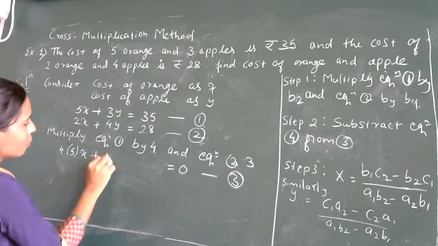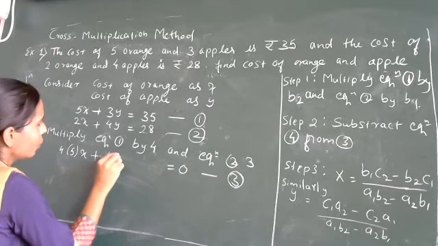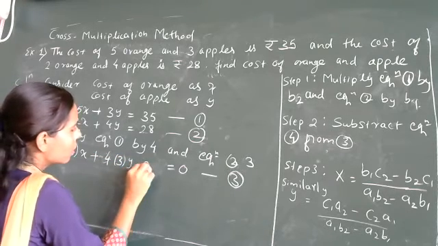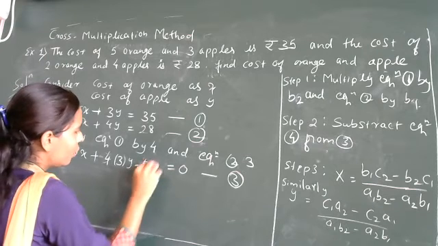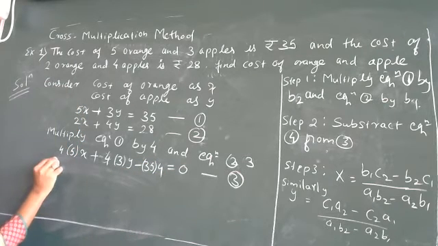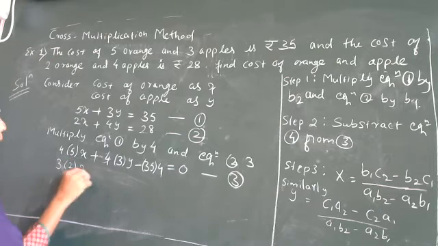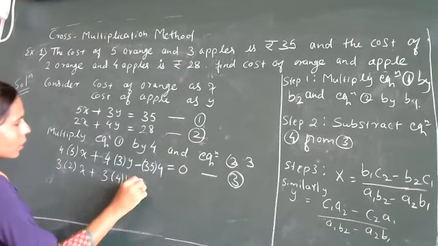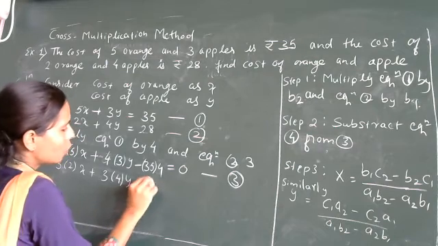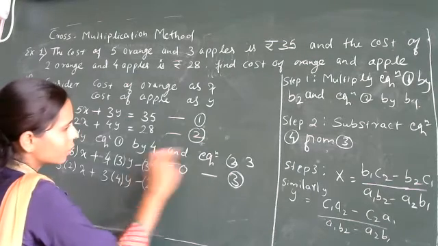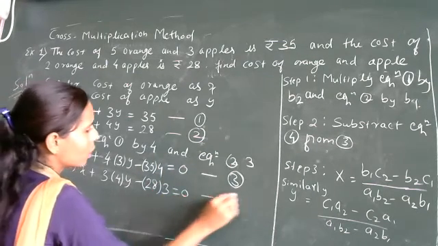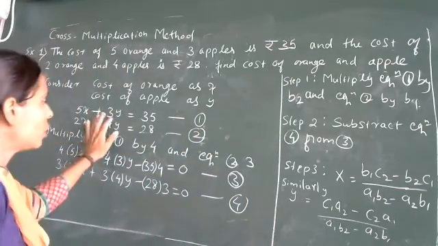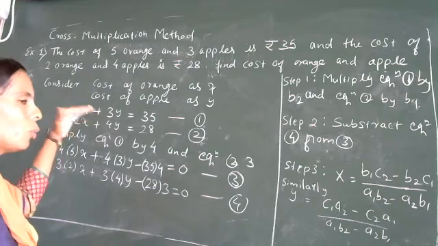So 4 into 3y minus 35 into 4. And the second one is 3 into 2x plus 3 into 4y minus, last one is 28 into 3. Okay. Now these are the two equations as a first step, but if you want to convert the first equation also into standard form, you can.